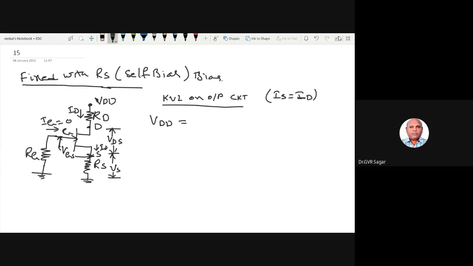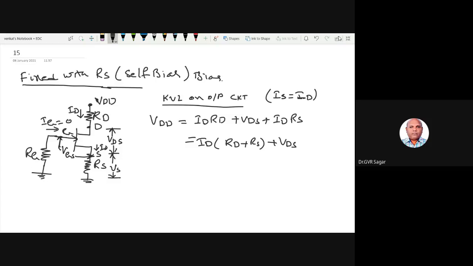So I'm writing the KVL on the output side. On the output side, VDD is equal to ID into RD plus VDS plus ID into RS. Is it not? So I'm taking ID as common here. This becomes ID into RD plus RS, plus VDS, right?